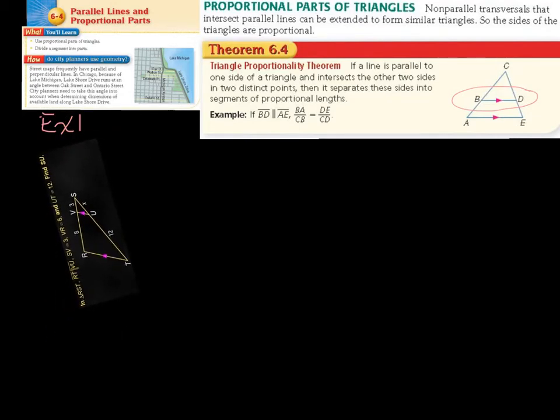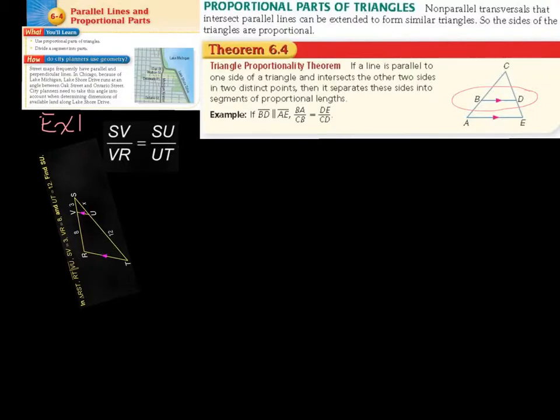Just imagine you rotated your book, because then I have it in the same orientation as they had it in Theorem 6.4. So now it's easier to see that SV is to RV as SU is to UT.